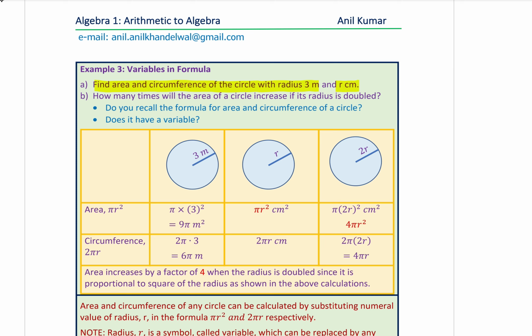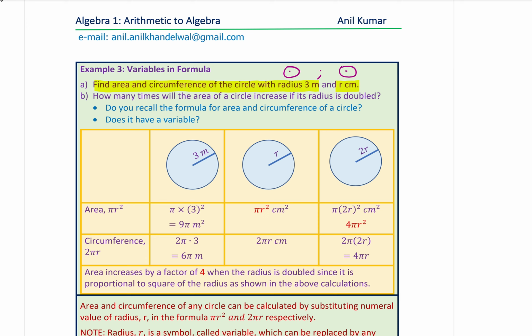Find area and circumference of circle with radius 3 meters and r centimeters. Two different circles, correct? So there is one circle whose radius is 3 meters, the other one has general radius of r centimeters. The idea is that we have defined radius as a variable in the second case. Perfect.